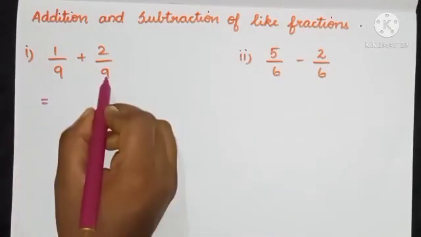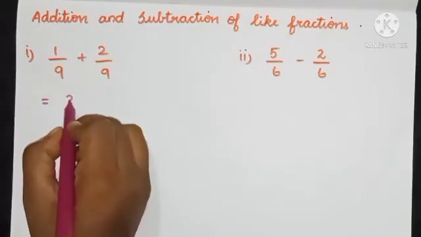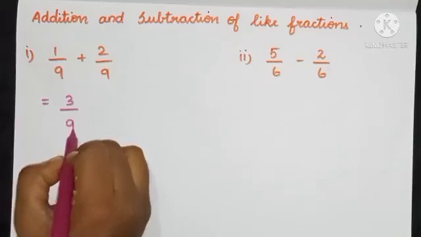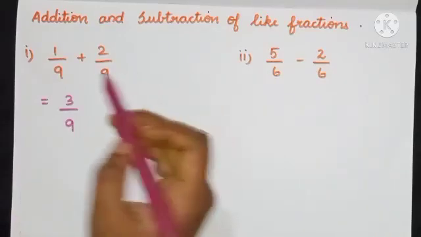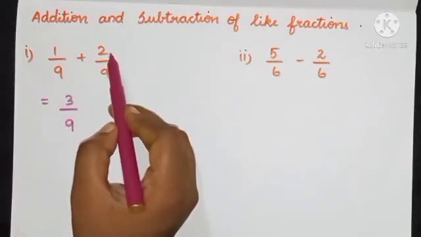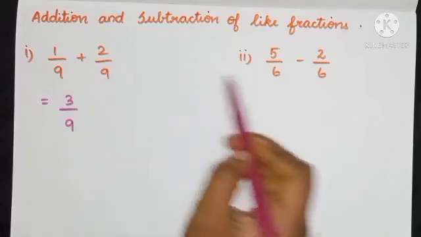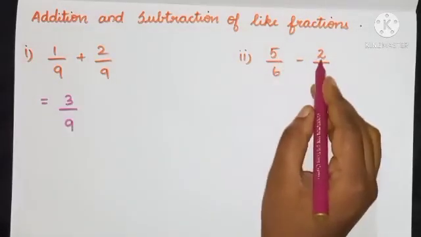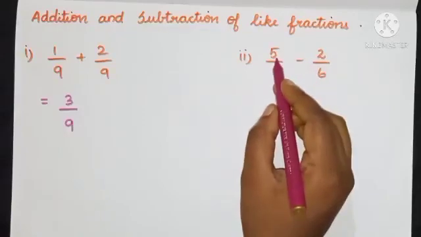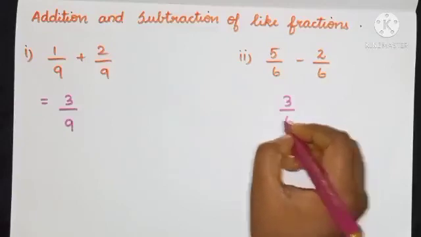To find the addition, first you have to add the numerators. 1 plus 2 is 3 and you have to write the denominator value as it is, 3 by 9. To find the subtraction, you have to subtract the numerator values first. 5 minus 2 is 3, 3 by 6.